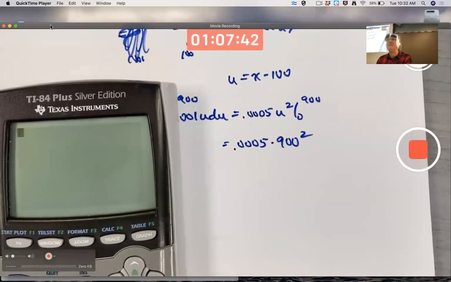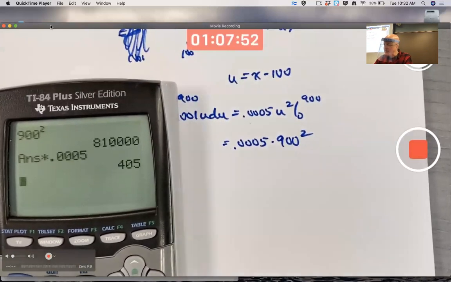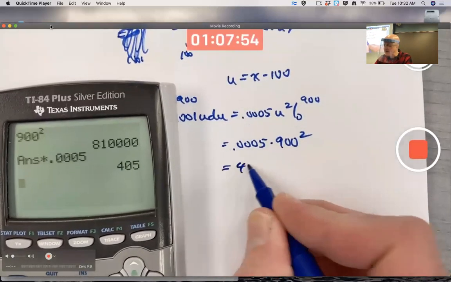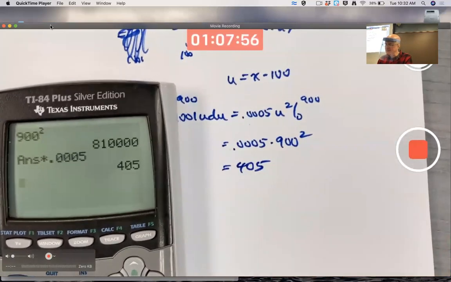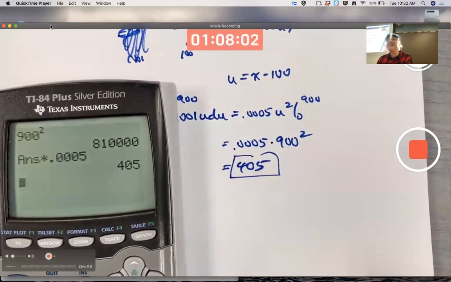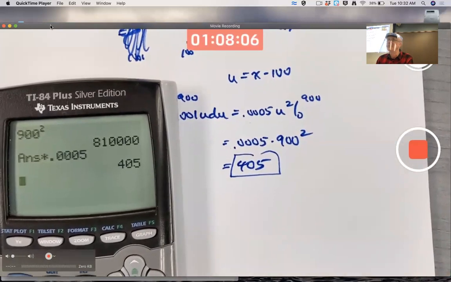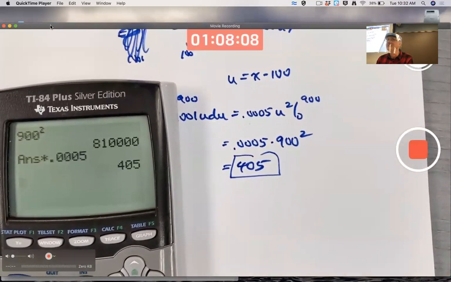What should that be? Should that be 450? Halfway from 0 to 900? No, 405. What, shouldn't it be 450? No, it should not be 450, because y does not have a uniform distribution on 0 to 900.